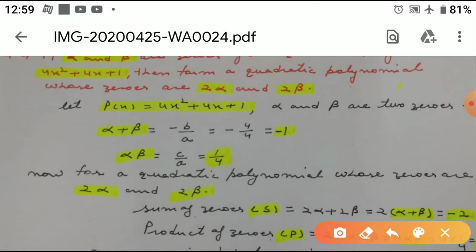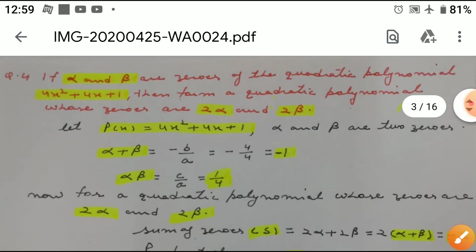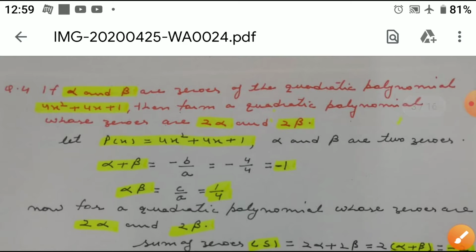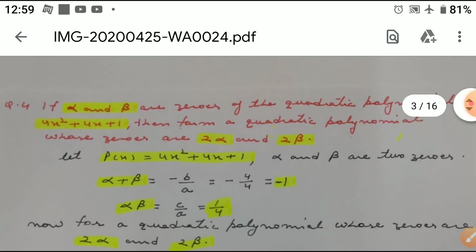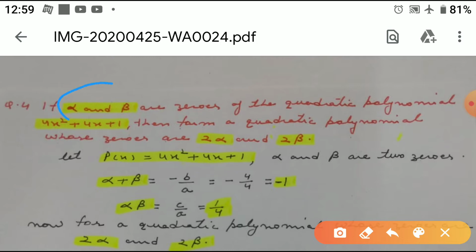Okay, in this question we have to make a polynomial whose zeros are 2 alpha and 2 beta, but the initial condition of this question is alpha and beta are two zeros of the quadratic polynomial 4x square plus 4x plus 1. Okay, this is the initial condition. Then he's saying form a quadratic polynomial whose zeros are 2 alpha and 2 beta, right?